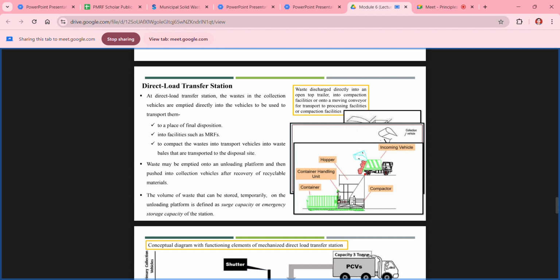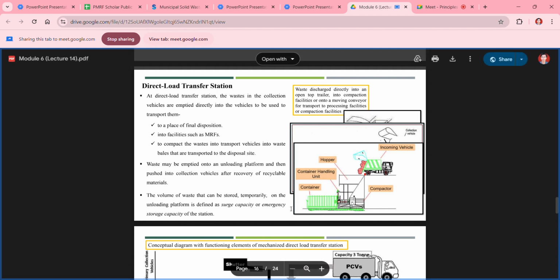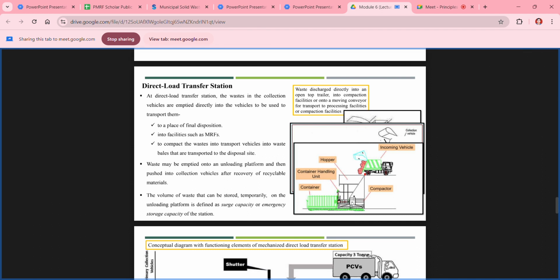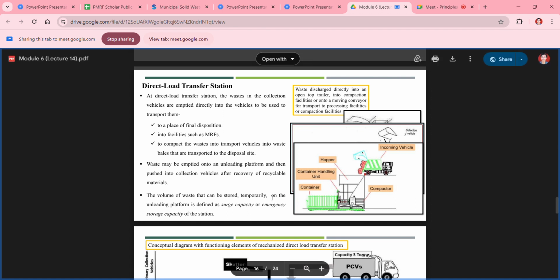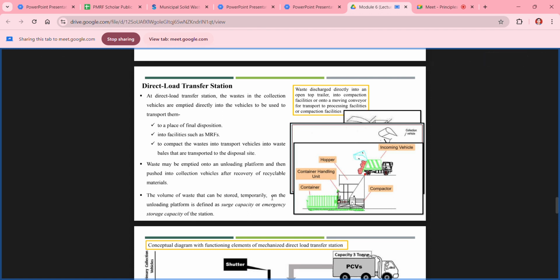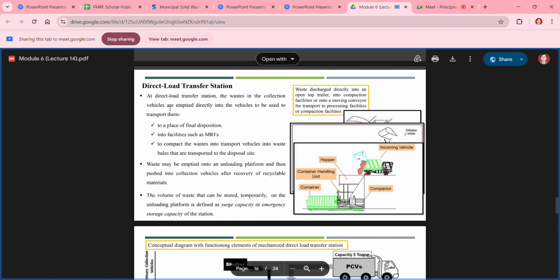The compactor pushes all of the waste directly into that container. Again, some other truck will come and empty it, and this container is attached to a truck on the other side, and that truck will transfer this waste to the disposal site or landfill site. So that is the direct load transfer station.